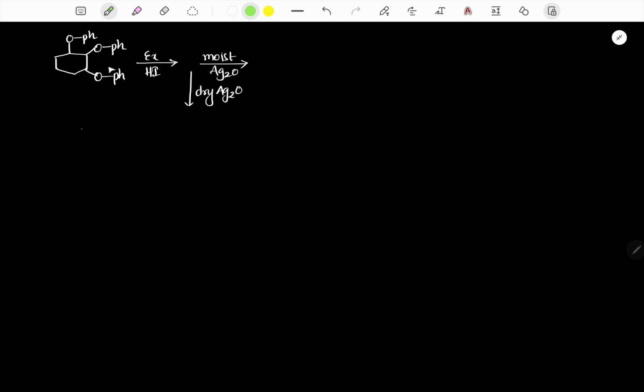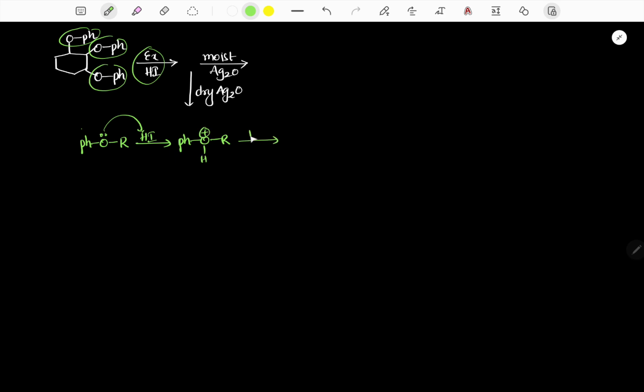So here we have the ether functional group, and the ether is treated with excess of HI. The reactant is similar to this one, PhOR. When treated with excess of HI, the O lone pair attracts the proton and the corresponding oxonium ion will form.